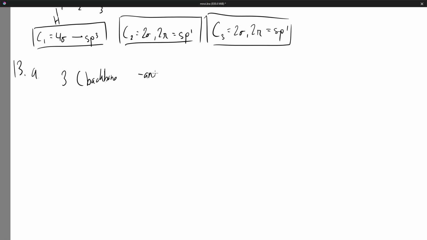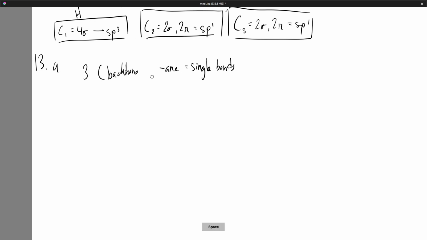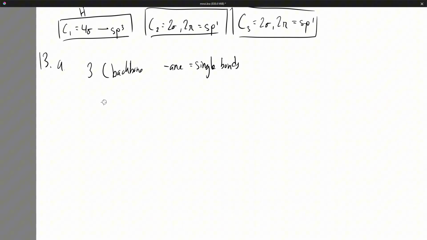And the ane means they're all single bonds. So I'll draw a Lewis structure to make it simpler to understand, but for the exam you don't want Lewis structures, you want to draw the full equation.